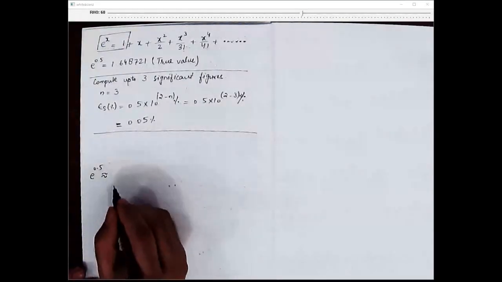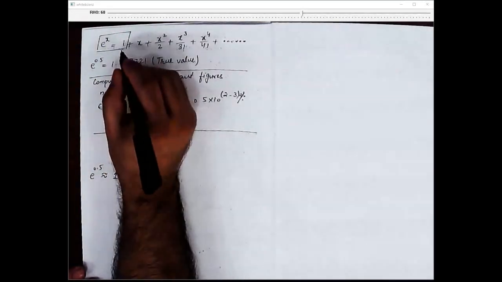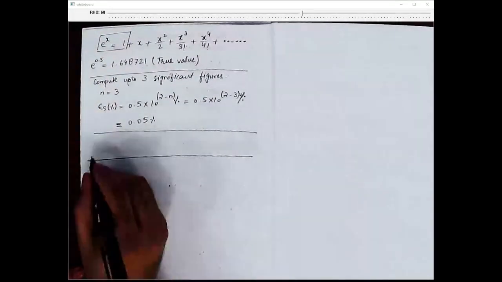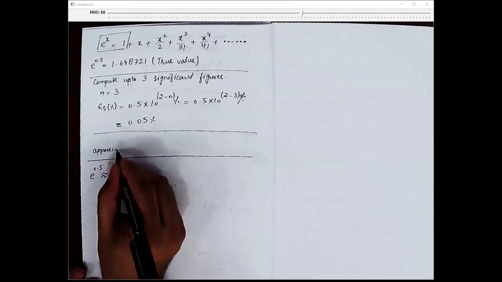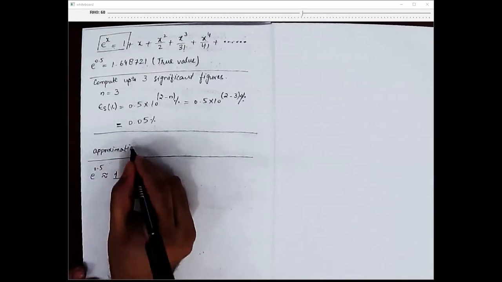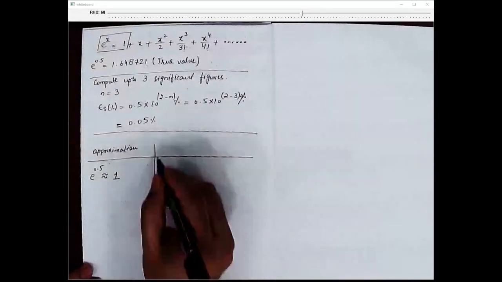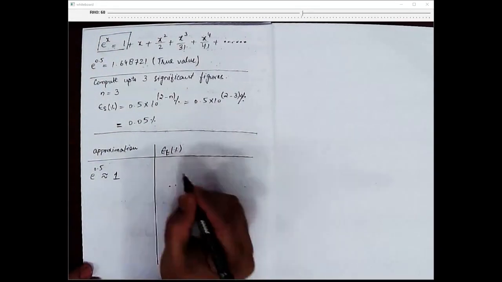So this is the sign for approximation, which is equal to 1, because my approximation is based on the first term. Now this is my approximation. I want to compute ET for this approximation, ET percentage, which means percentage relative true error.